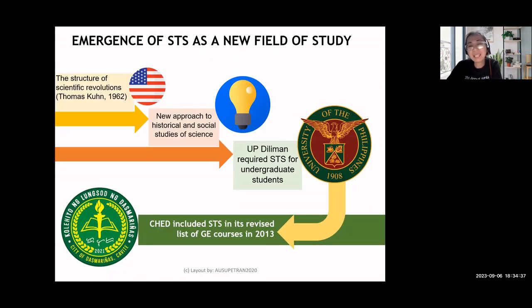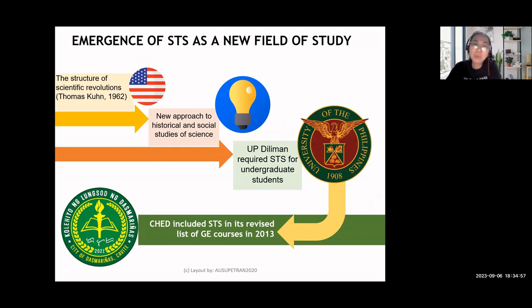So this is a very short diagram of what has been happening with the emergence of STS as a new field of study. It came from The Structure of Scientific Revolutions, which was proposed by Thomas Kuhn in 1962. So he is the primary guy who is responsible for introducing science and technology studies to the world.